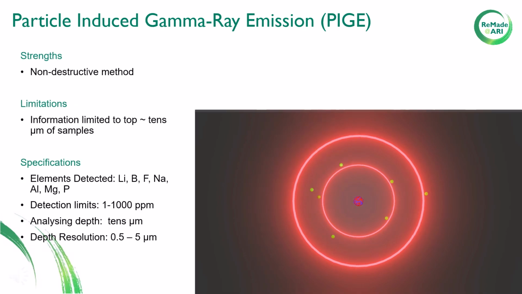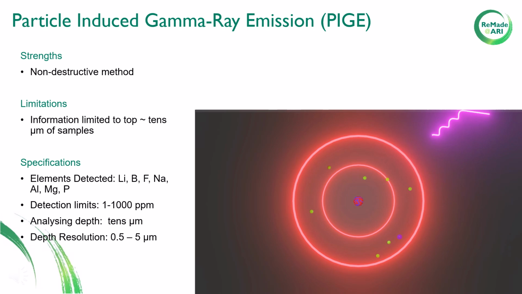Particle-induced gamma-ray emission is a complementary method to PIXE and uses nuclear reactions induced by MeV proton beam. Typically, an MeV proton beam is directed onto a sample which may be tens of microns thick, and the fast protons may excite the target nuclei such that gamma rays are emitted.